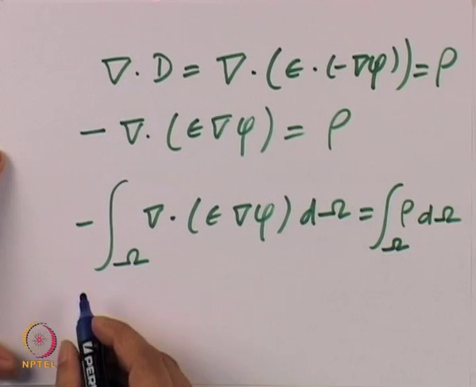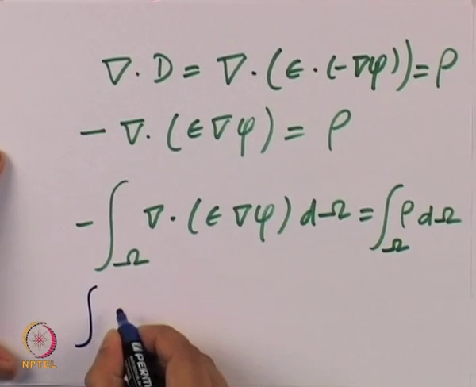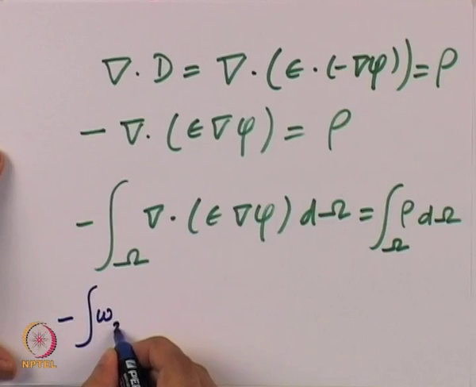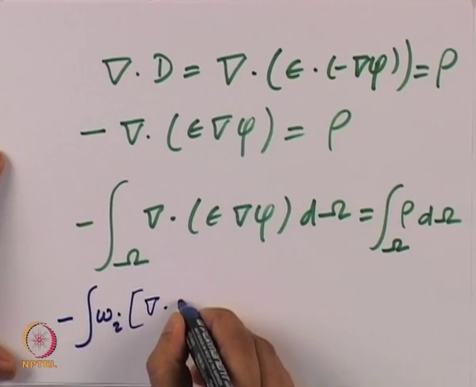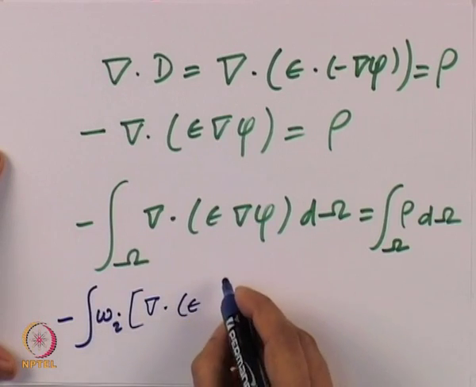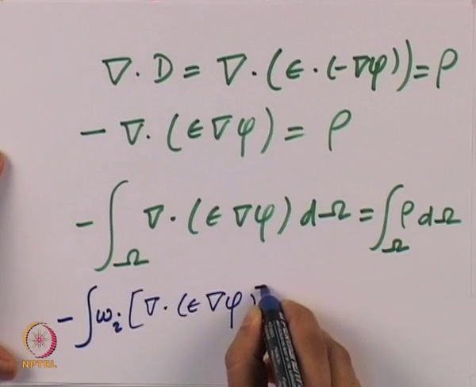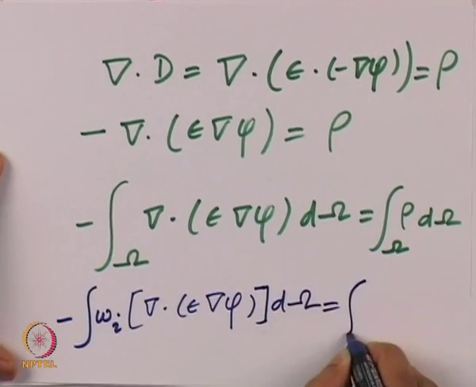I am going to multiply this integral by the weighting function, minus w of I, times the divergence of epsilon, is equal to sigma.